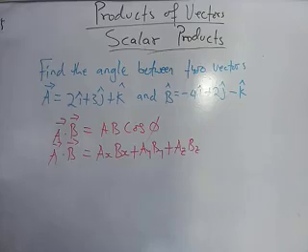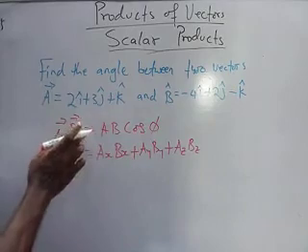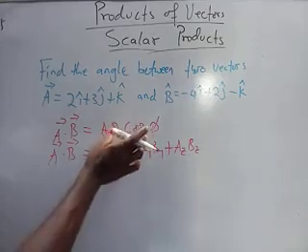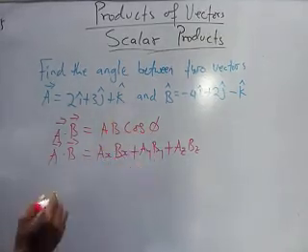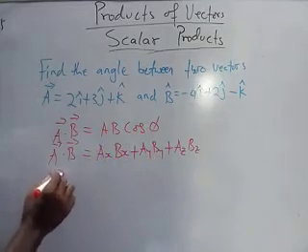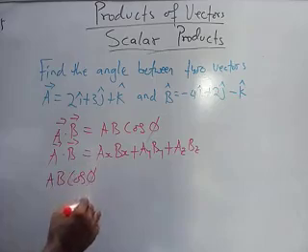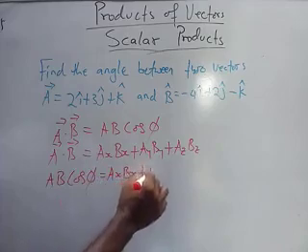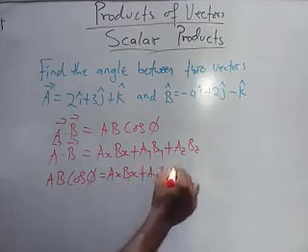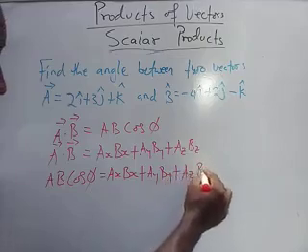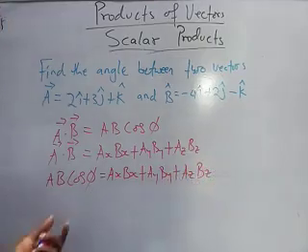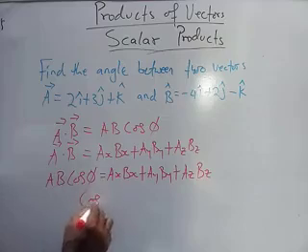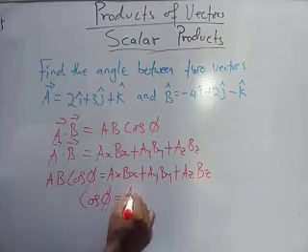It means that since this is equal to this, and this same thing is equal to this, I can write AB cos phi equals AX BX plus AY BY plus AZ BZ. So making cos phi the subject of the formula gives us cos phi equals what?